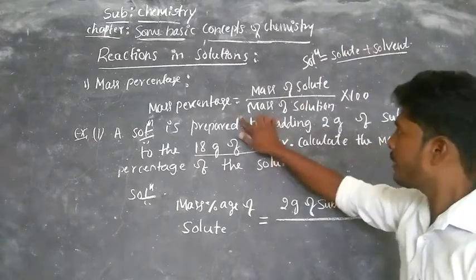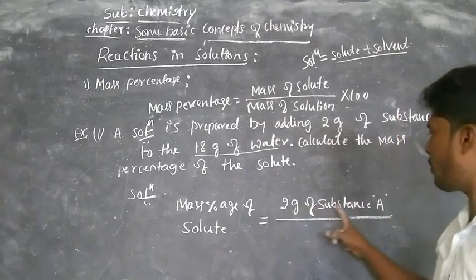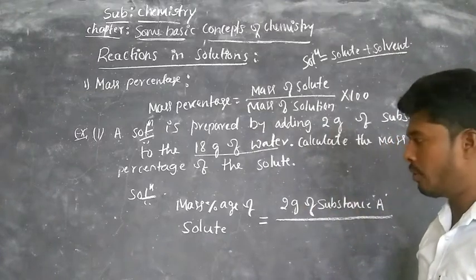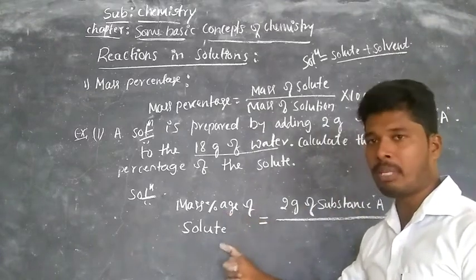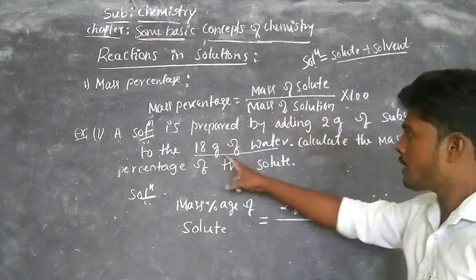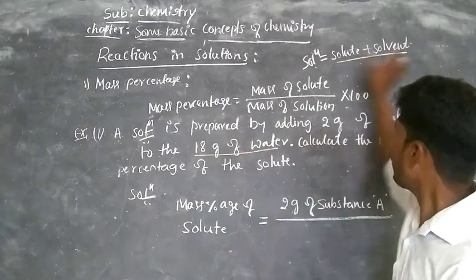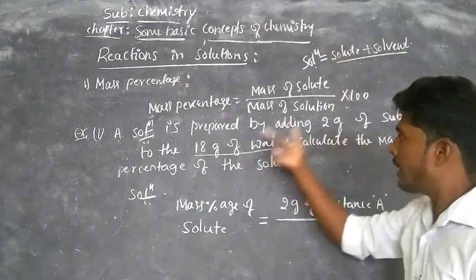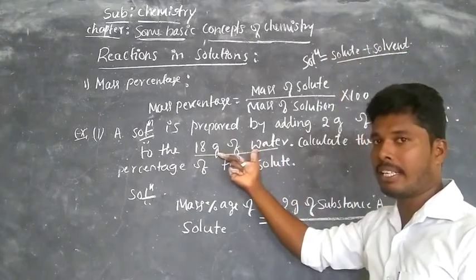Here the solute is 2 grams. That is, 2 grams of substance A is the solute. We are going to calculate the percentage of the solute and the mass of the solution. So the mass of the solution is nothing but both solvent and solute. Here the solvent is water, that is 18 grams of water.